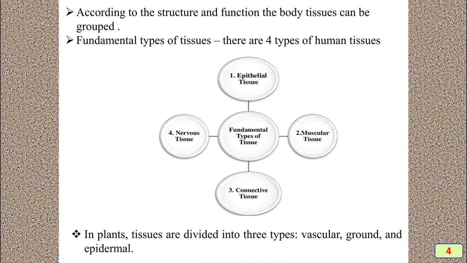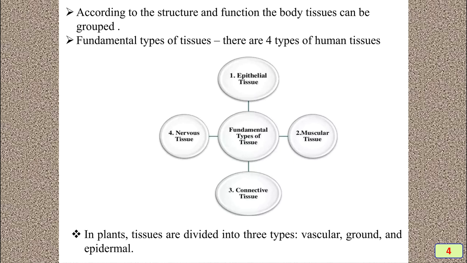So the fundamental types of tissues are four. Number one is the epithelial tissues, which are the most superficial tissues, followed by the muscular tissues. Beneath the skin, there are muscular tissues.